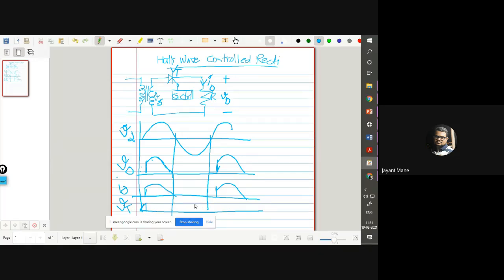So for this part here, there will be a negative voltage. So it blocks voltage for this time and also this period.